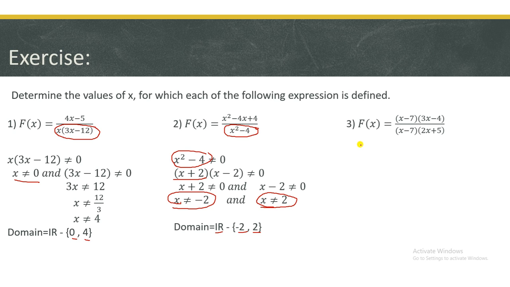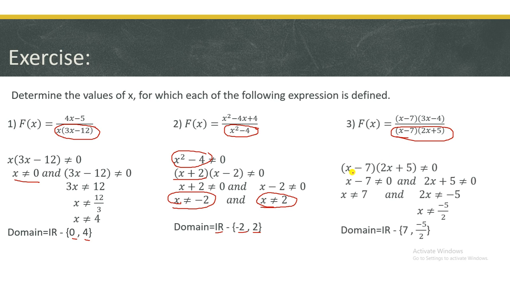The third one, this is the denominator, it does not equal 0. X minus 7 times 2x plus 5 does not equal 0. X minus 7 does not equal 0, x does not equal 7, and 2x plus 5 does not equal 0. Moving plus 5 to the right hand side to become minus 5, 2x does not equal minus 5, x does not equal minus 5 over 2 by dividing by 2.